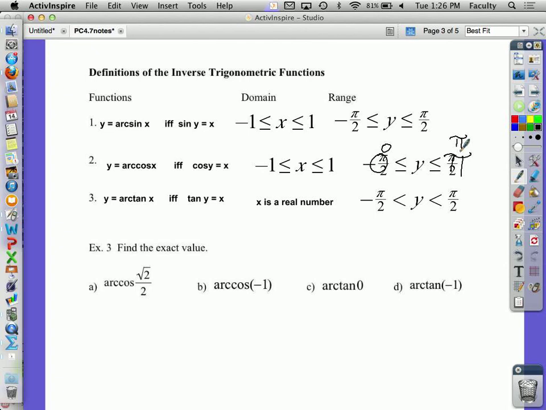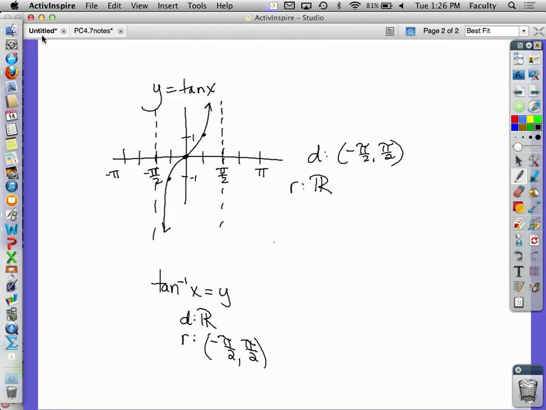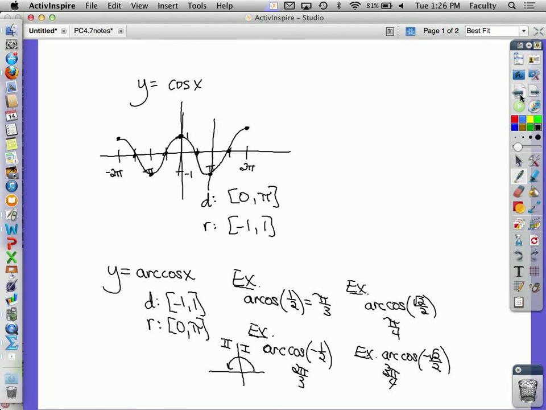Alright, so let me do this just so I don't have to redo the work here. When you're looking at cosine, here's the graph, and it would fail the horizontal line test. So mathematicians have agreed on chopping it from 0 to pi. If you look at that piece from 0 to pi, it would then pass the horizontal line test.